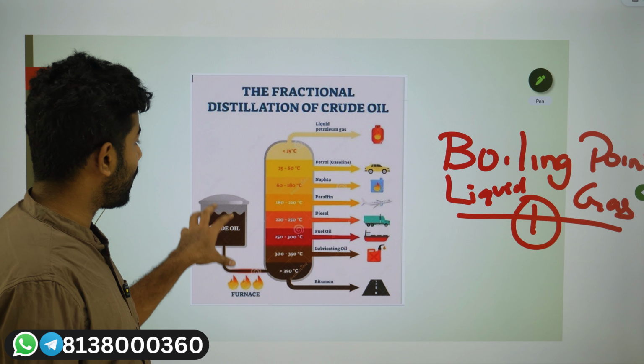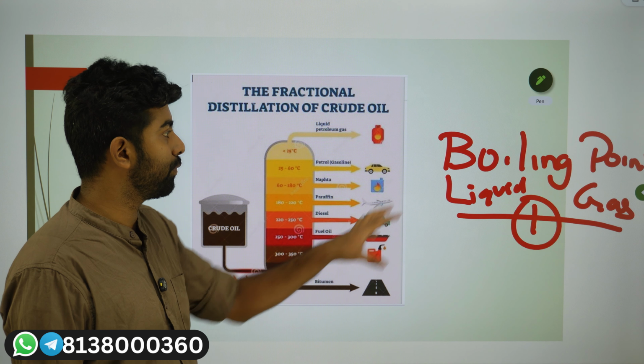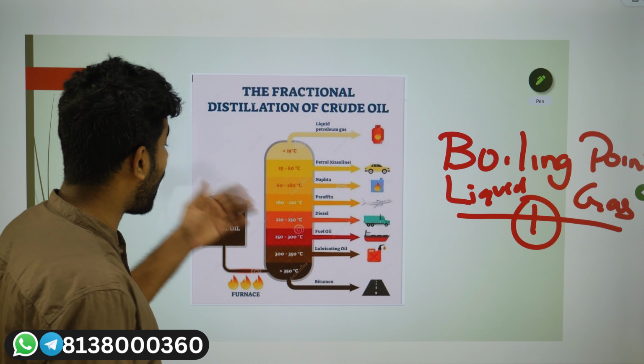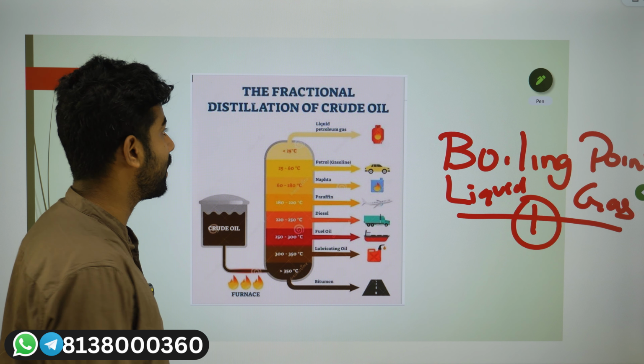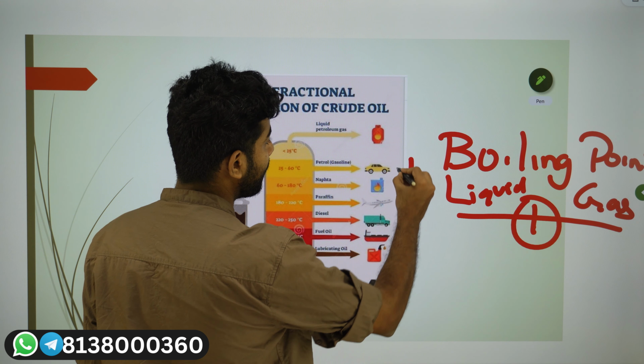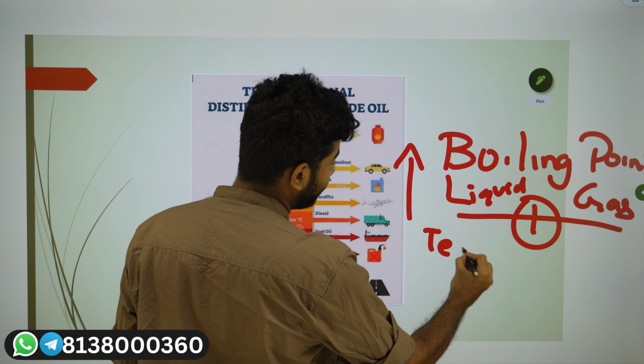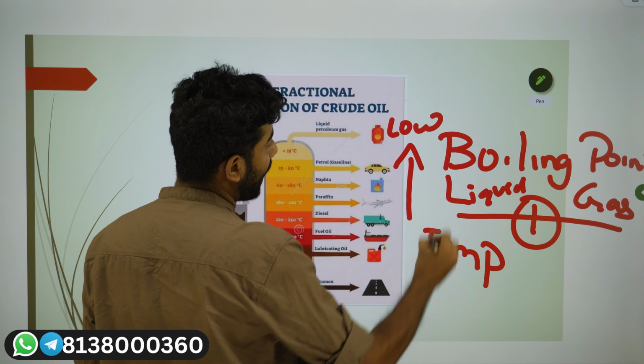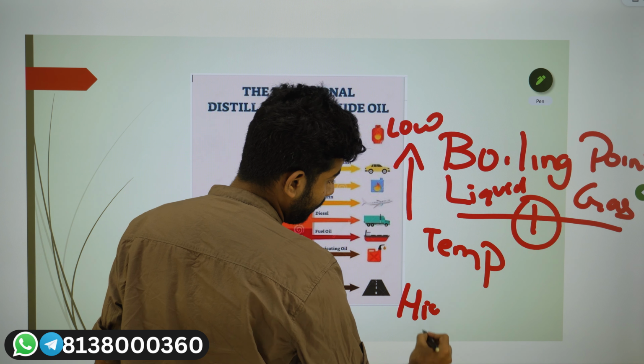Because the different components of crude oil have different boiling points, they will liquefy at different temperatures. If you look at the temperature of the atmospheric tower, it will be low at the top and high at the bottom.